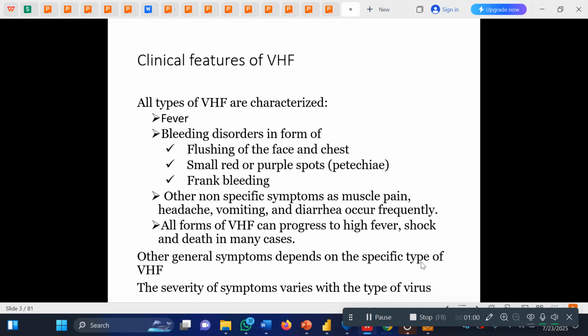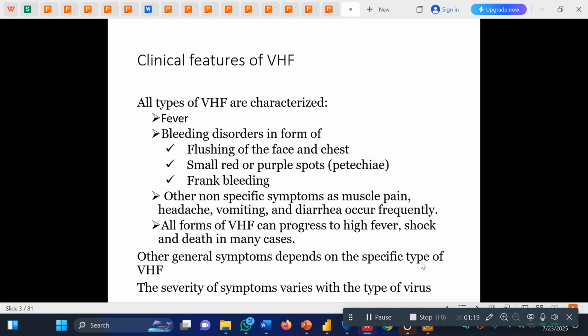What are the clinical features of viral hemorrhagic fever? All types of viral hemorrhagic fever are characterized by fever and bleeding disorders, in the form of flushing of the face and chest, small red or purple spots known as petechiae, and frank bleeding.